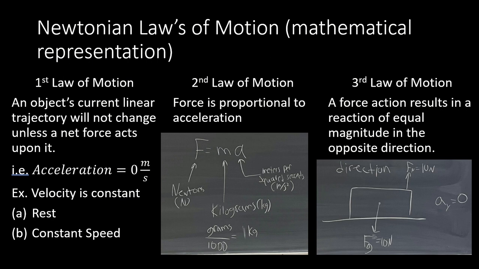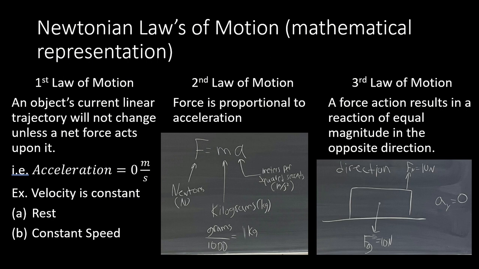The first law of motion just says an object's current linear trajectory will not change unless a net force acts upon it, i.e., the direction is not going to change if acceleration equals 0 meters per second squared, which is true whenever the velocity is constant. For example, if the object is at rest, it has no acceleration.